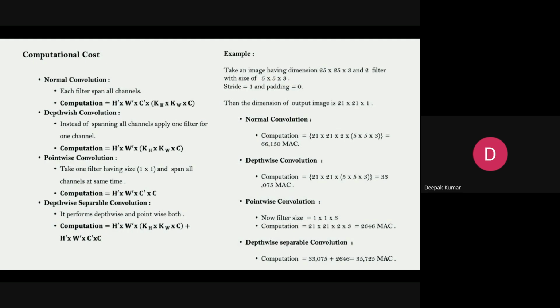So as we discussed, why do people feel depth-wise convolution is needed? Let's see how many multiplications or computations are needed in applying the simple normal convolution. Let's say we have the height, width and channels, H, W, and C, and we apply a kernel with height, width, and channels.